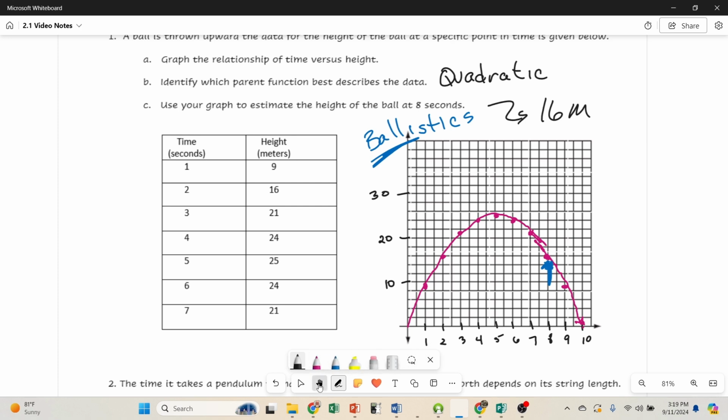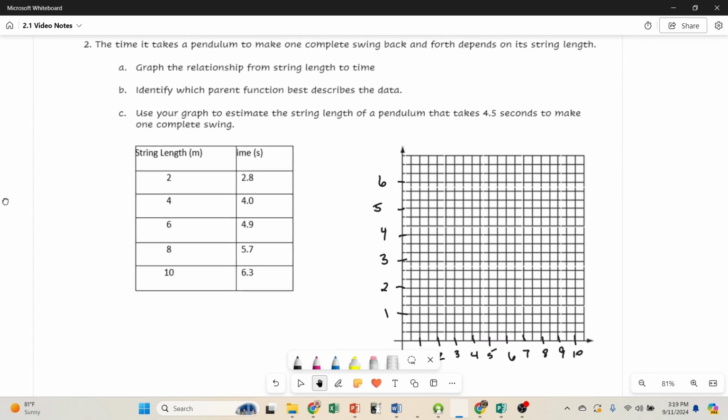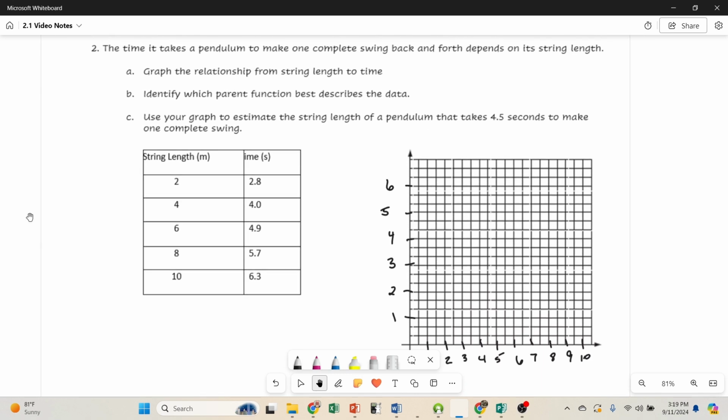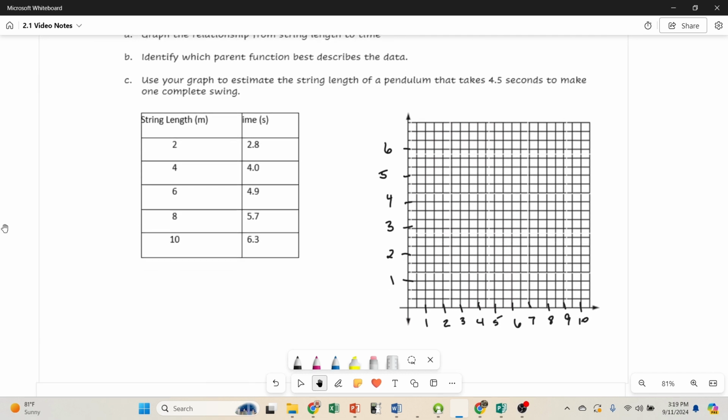Now let's take a look at the next one. The time it takes a pendulum to make one complete swing back and forth depends on how long the string is. So over here we have string length down here.